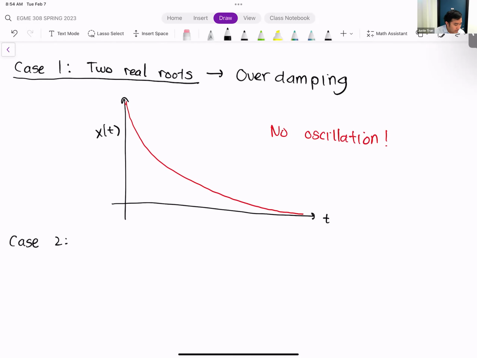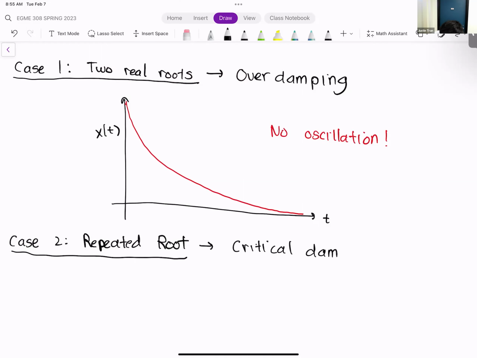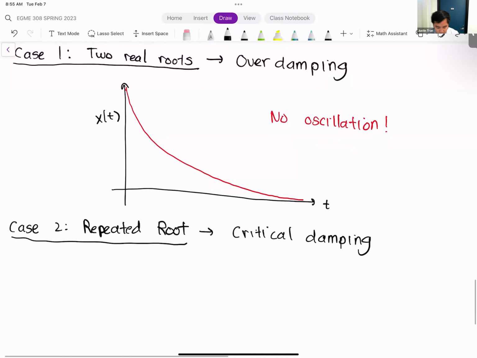All right, so then we have case two. Case two is our repeated root, and for a repeated root, we call this critical damping. Critical damping visually looks very similar to case one, because if you remember our solution, we still had that decaying exponential.